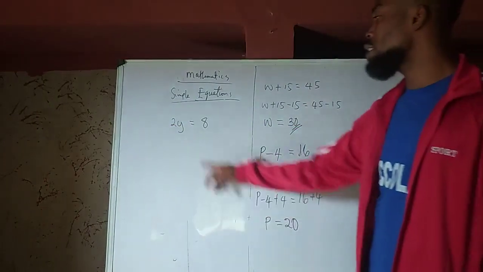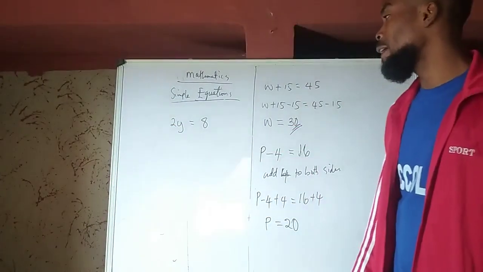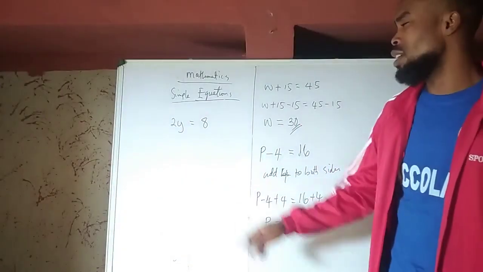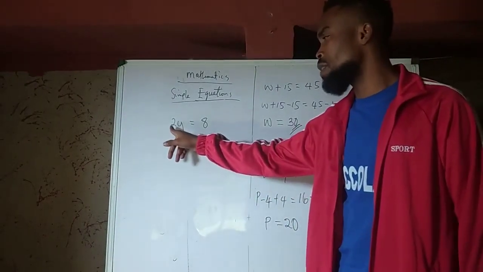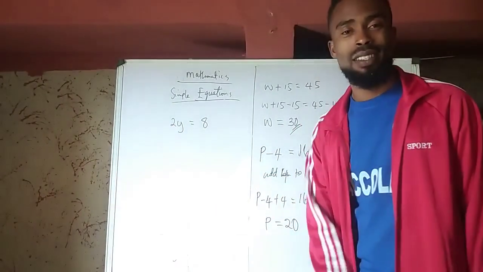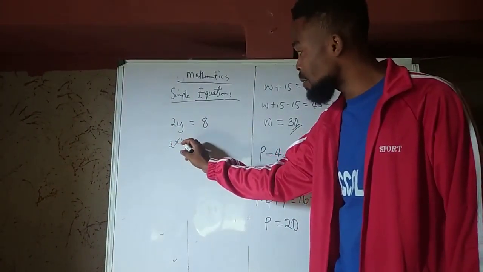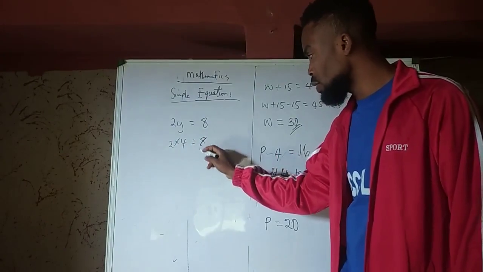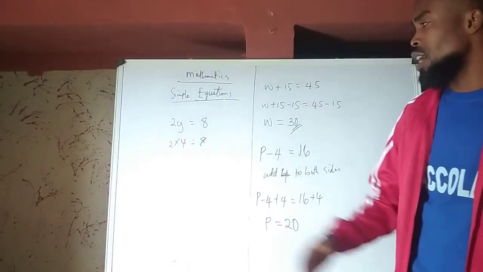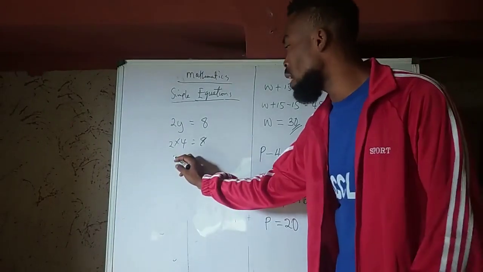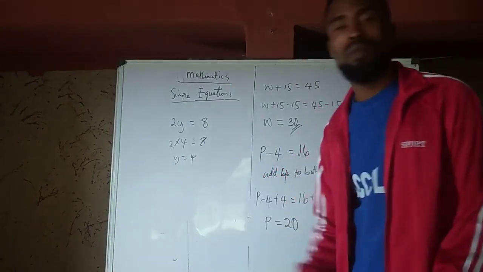How do you find the value of y? What this expression is saying is, what number can be multiplied with 2 to give you 8? We all know that 2 times 4 will give us 8, right? So that means that y is 4.